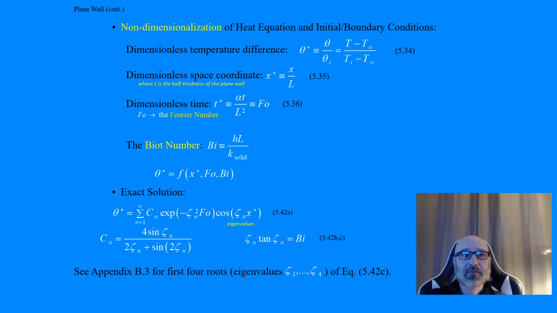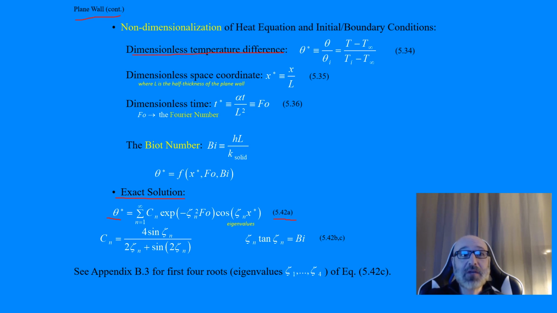So now if we want to take a look at our exact solution, we have some equations that we can reference back in our textbook. Particularly, let's take a look at equation 5.42a, where now we have a relationship for our plane wall for our theta star, which again is our dimensionless temperature difference.